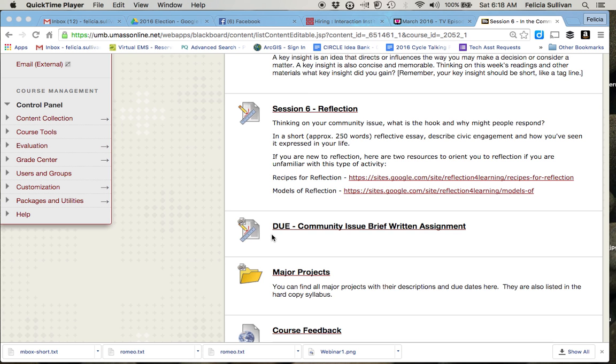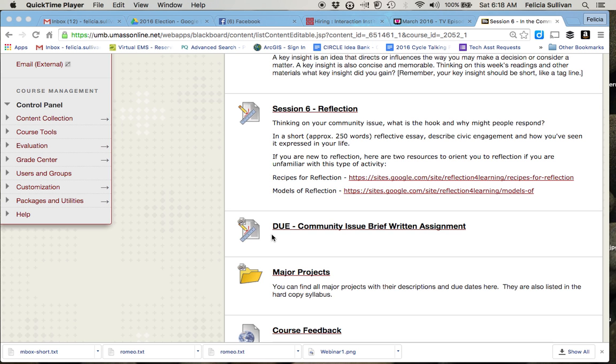Again, this is just a fairly informal presentation. If we were in a class meeting space, we'd go around and ask each person to give us an update on what they were working on in terms of their community issue brief, so we had an understanding of what was being worked on. So that was what was due for the last week.